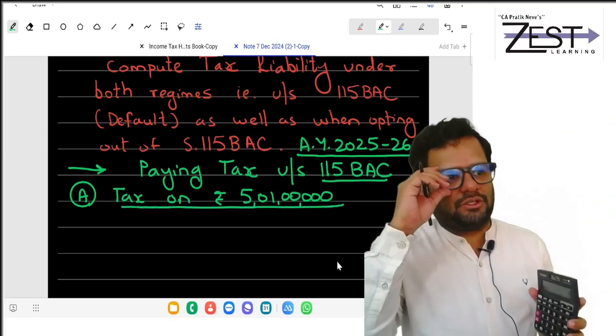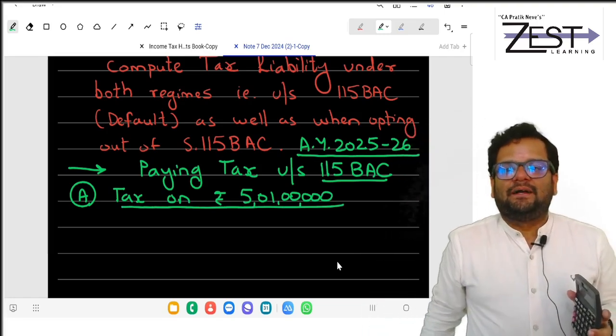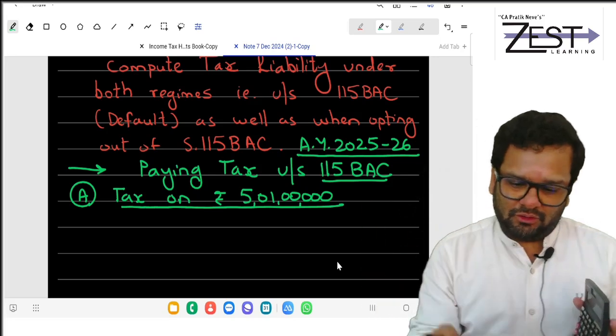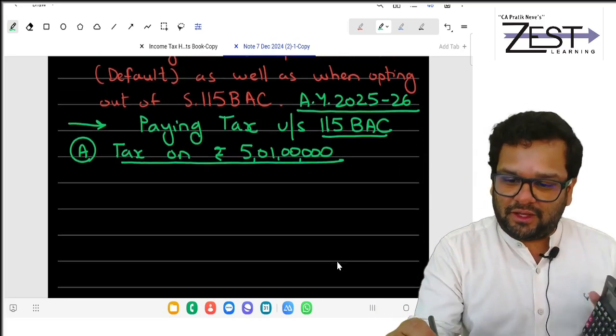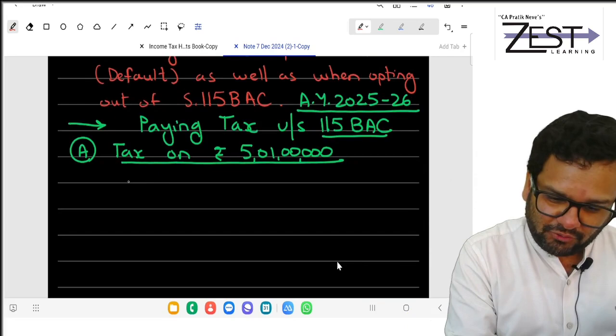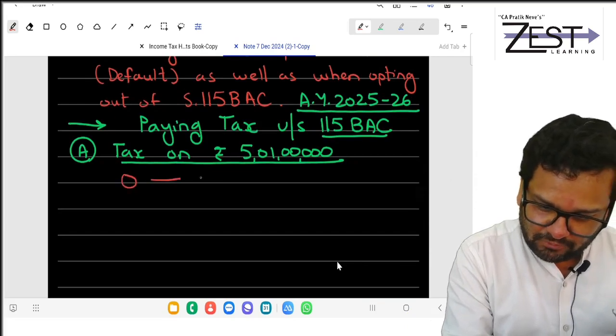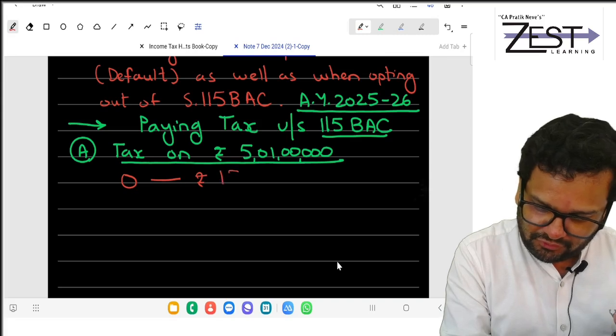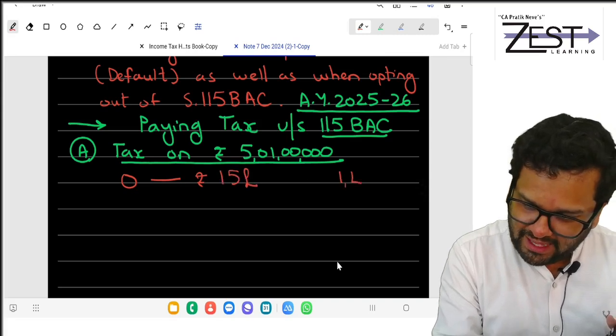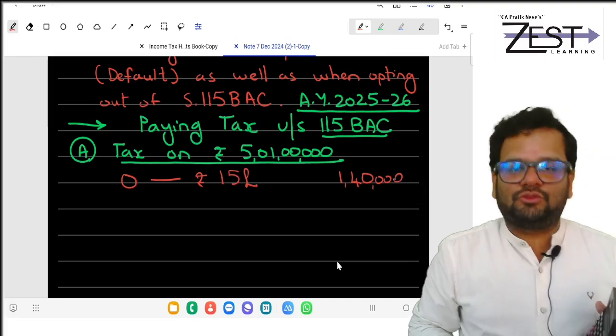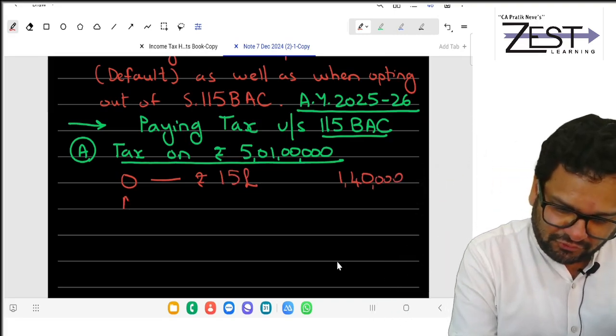So this is last question for the day. Calculate your tax on 5 crore 1 lakh. When you are in 115 BAC, so what will you do? 0 to 15 lakhs, 1 lakh 40,000.